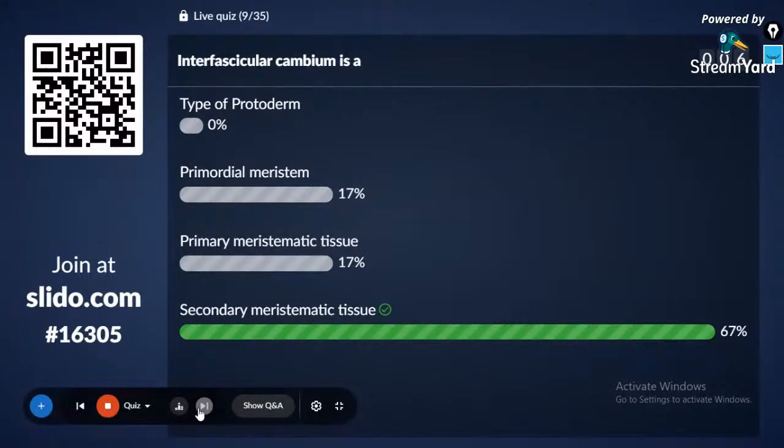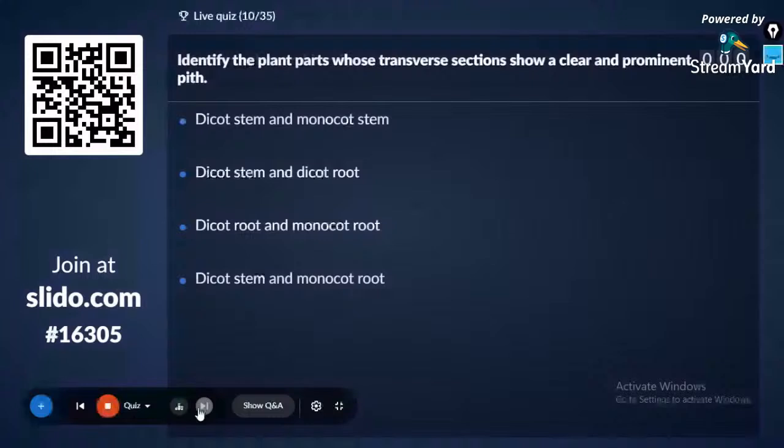Take care. Identify the plant parts whose transverse section shows a clear and prominent pith: dicot stem and monocot stem, dicot stem and dicot root, dicot root and monocot root, or dicot stem and monocot root.